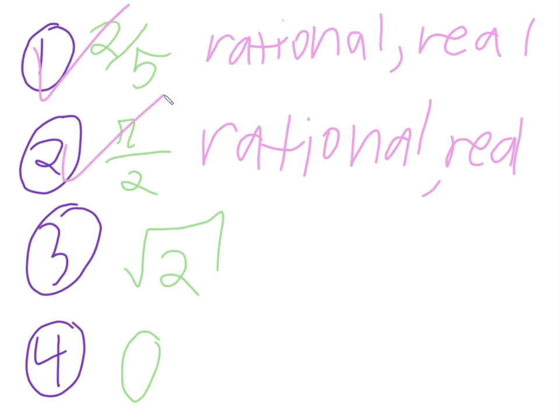Okay, let's go over the square root of 2. So this one is not a ratio of two integers, which means it's not rational. But it can still be irrational, or a real number. So the square root of 2 is a number that is not a fraction, so that means it's irrational.